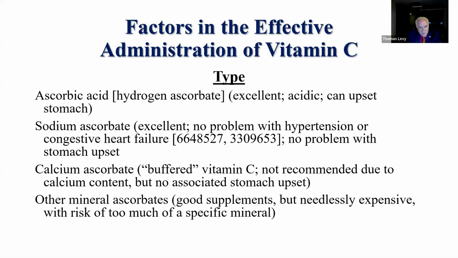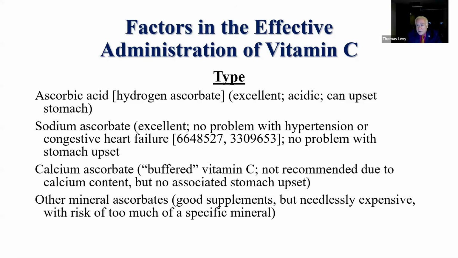So ascorbic acid is a good form. Some people have a delicate stomach, in which case you give sodium ascorbate as your vitamin C. Calcium ascorbate, I advise never, because nearly everybody has a calcium excess. It's actually excessive calcium inside every diseased cell that keeps the oxidative stress up. So obviously you want to get the oxidative stress down, and you'll never do that as long as you're taking extra unneeded intake of calcium, whether in food or in supplemental form.